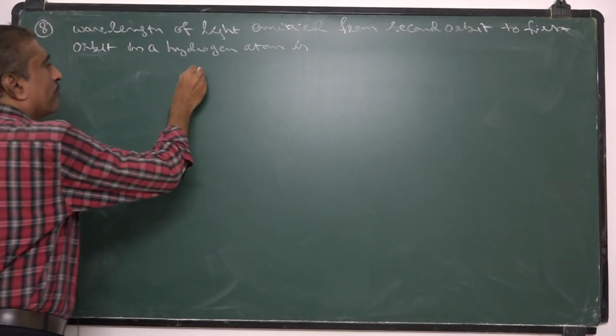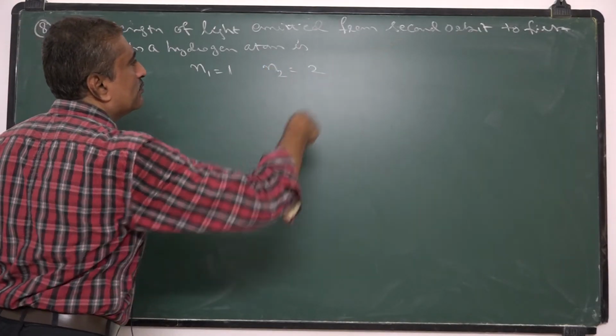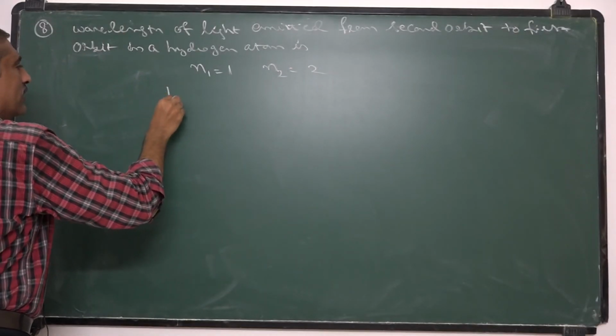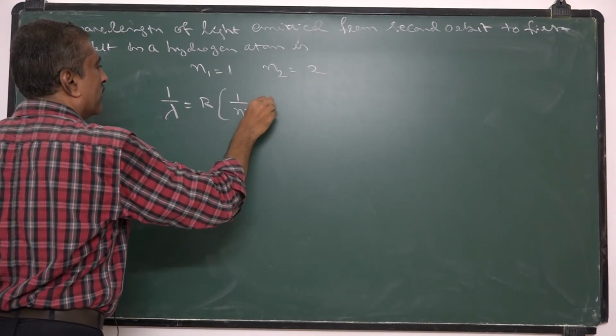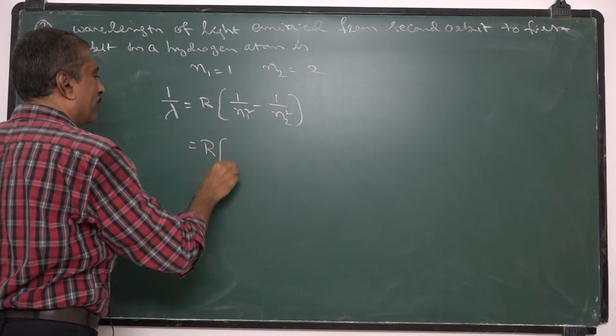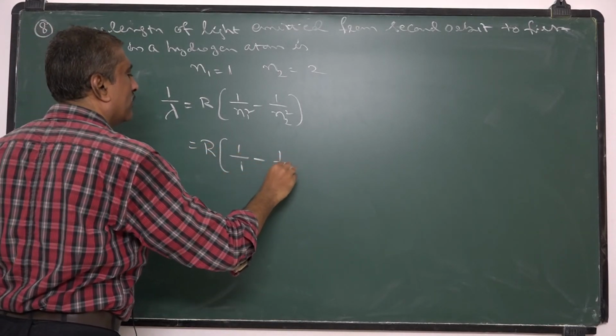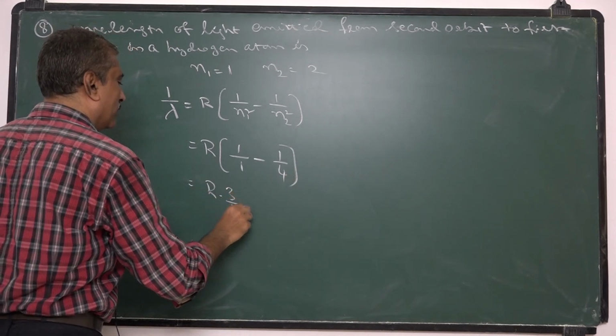That means given n1 is 1, n2 is 2. Now we have the relation 1 by lambda is R into 1 by n1 square minus 1 by n2 square. That is R into 1 by 1 minus 1 by 4, that is R into 3 by 4.